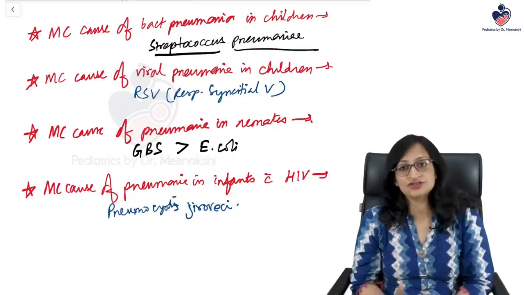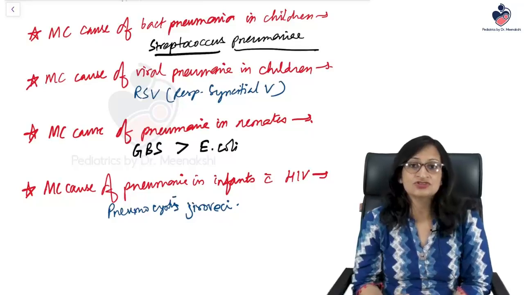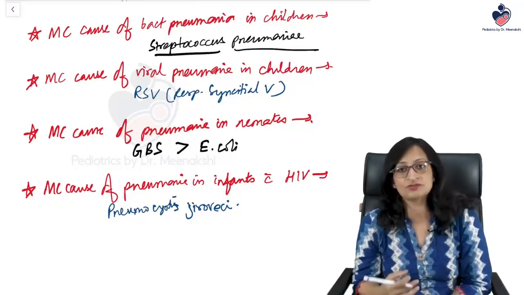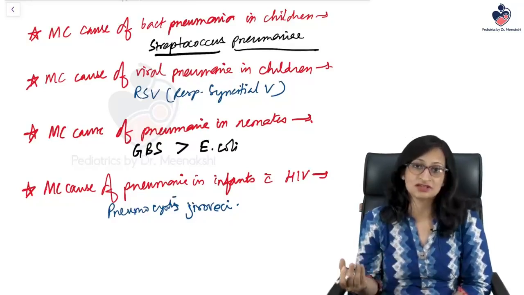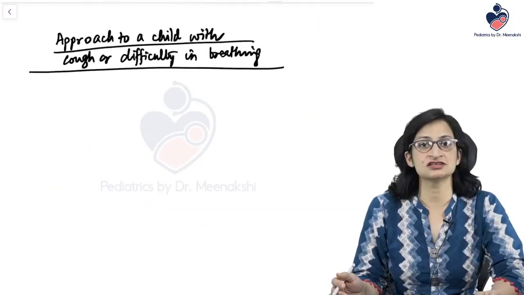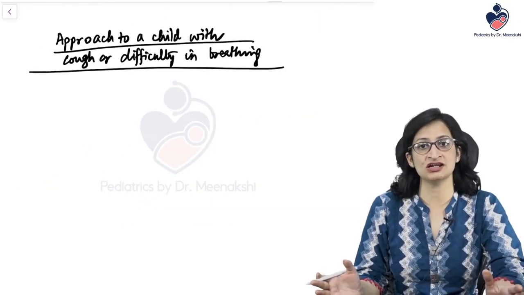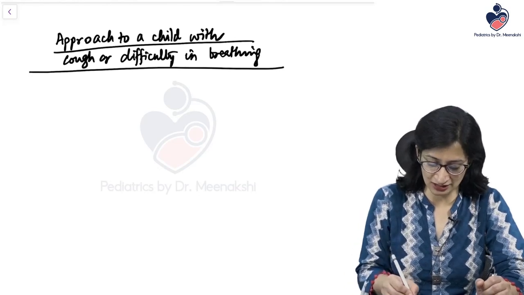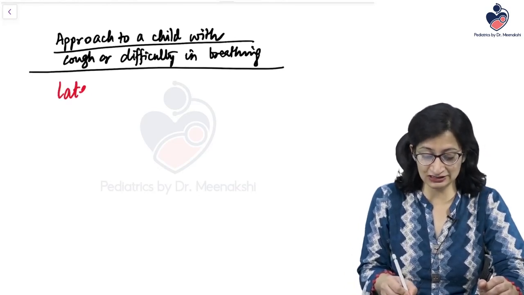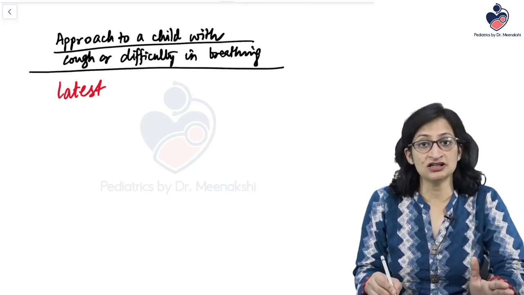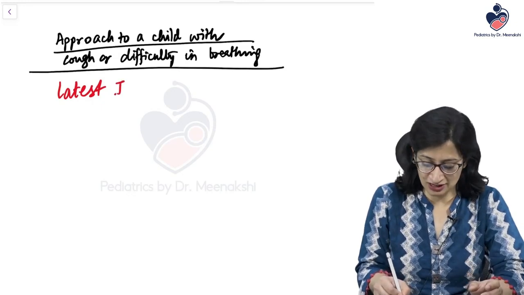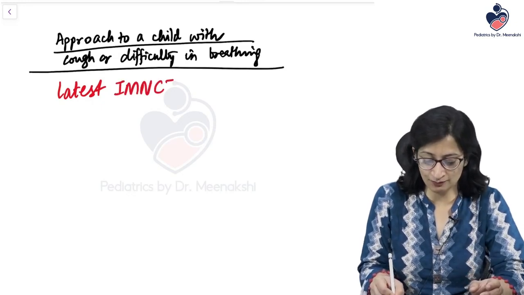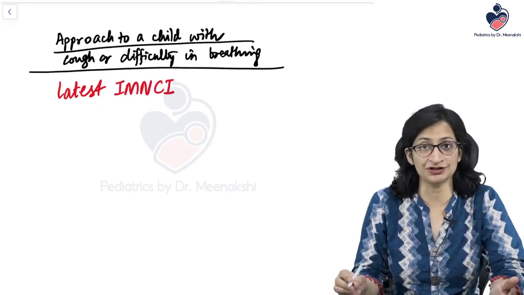Now the clinical features, the assessment and the treatment of children with pneumonia we'll be discussing along with the IMNCI guidelines. Let us discuss the approach to a child with cough or difficulty in breathing as per the IMNCI guidelines. We will be discussing the latest recommendations provided by the WHO and adapted by the Government of India.